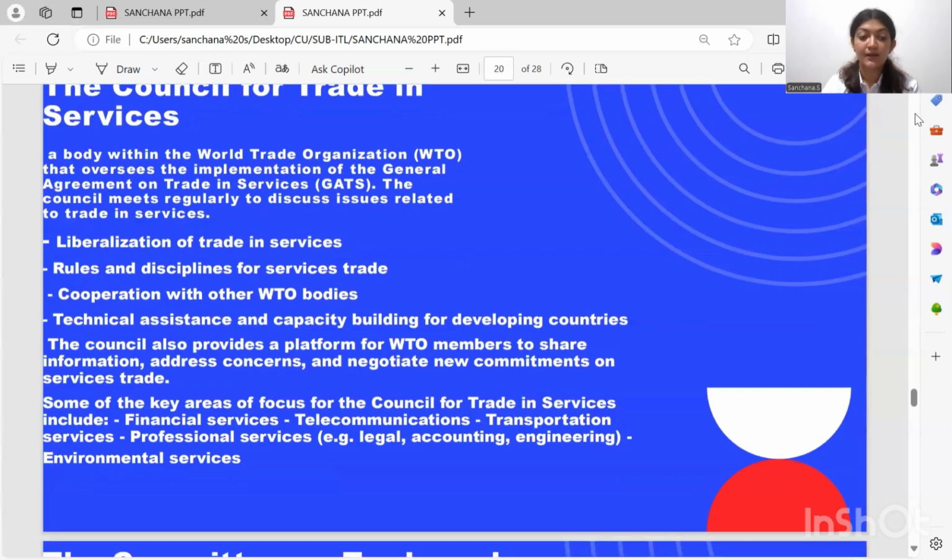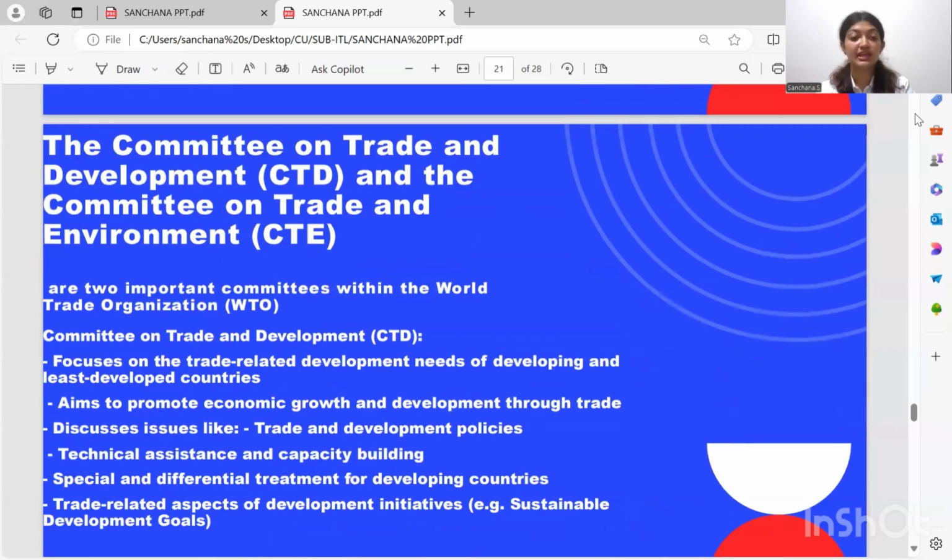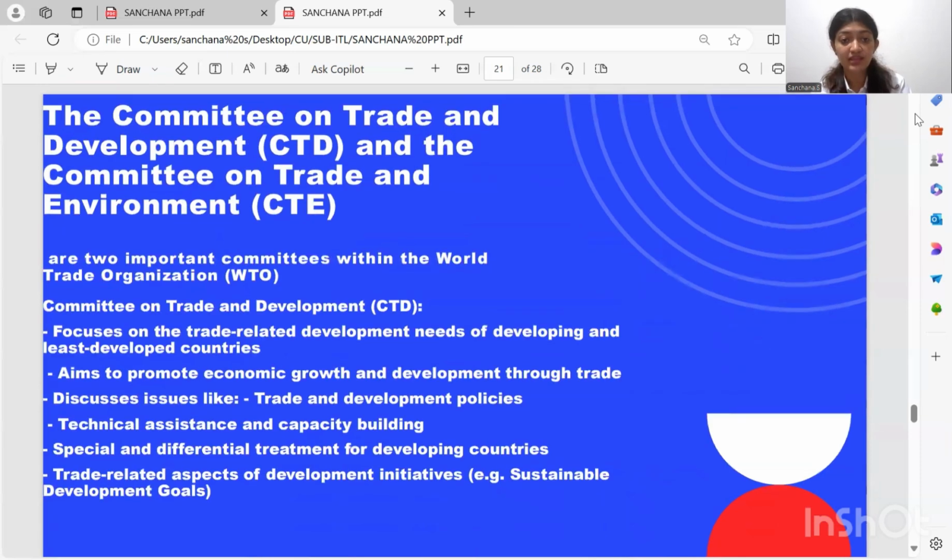trade. The Committee on Trade and Development and the Committee on Trade and Environment are two important committees within the World Trade Organization. The Committee on Trade and Development focuses on trade-related developments which help the developing and the least developed countries, and aims to promote economic growth and development through trade.